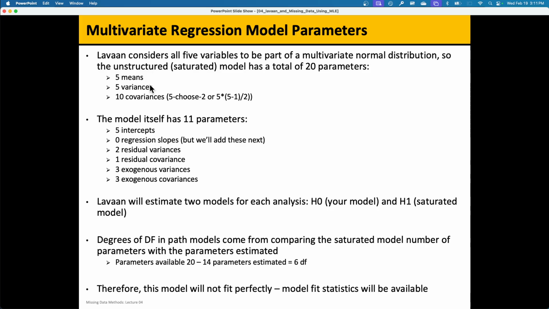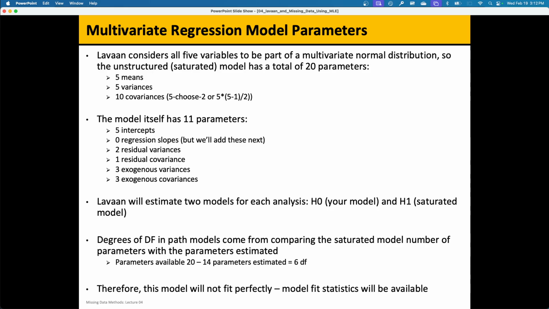If I were just to estimate that multivariate normal distribution, there'd be 5 means, 5 variances, 10 covariances. So 20 total parameters. But my model that I just put up there doesn't have 20 parameters. It has 11, right? I didn't add the regression slopes, so that's one of them. I have 5 intercepts, 2 residual variances, 1 residual covariance, and then the exogenous variables, right?